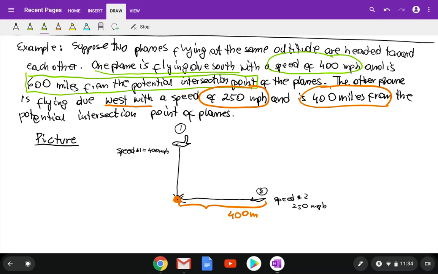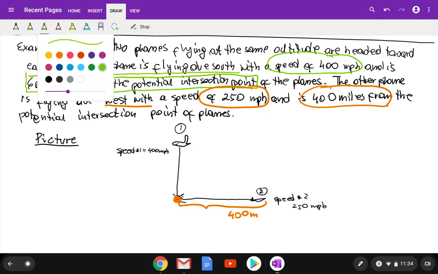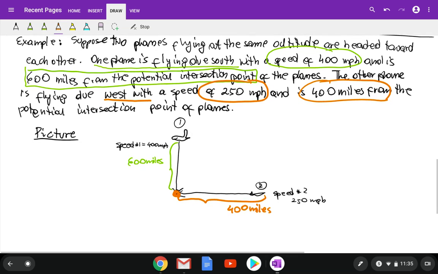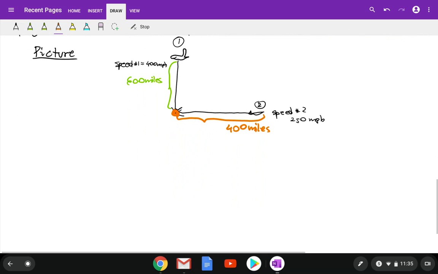And plane 1, if we stop time, will be right here, 600 miles from the potential intersection. So it looks like the planes can crash. So that's the problem. I drew the situation for you, and let's start solving.